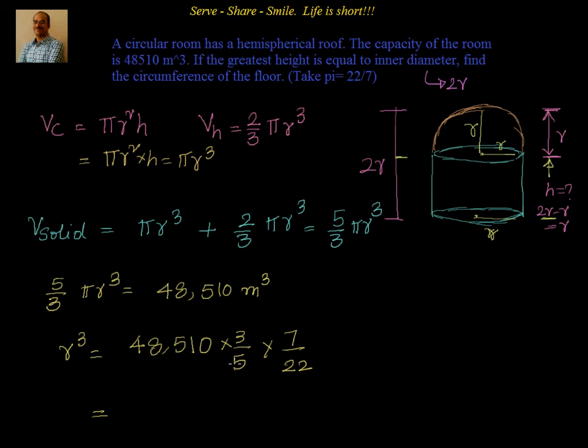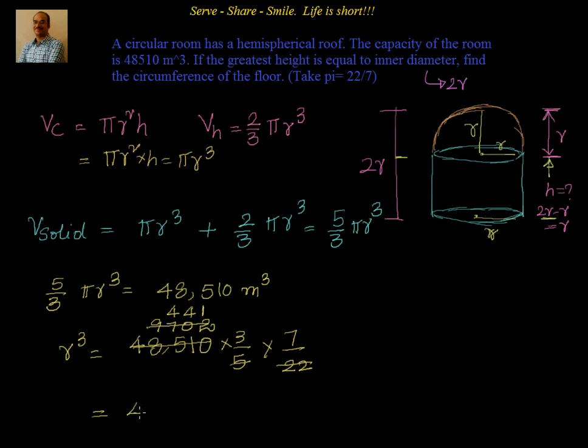We'll try to simplify this. 5 9s are 45, then I have 35, 7, 1 will not go, 0, 5 2s are. Then after that I have 22. Directly let me try with 22. 22 4s are 88, 90, 24, 22 4s are again 88, 22 one time.